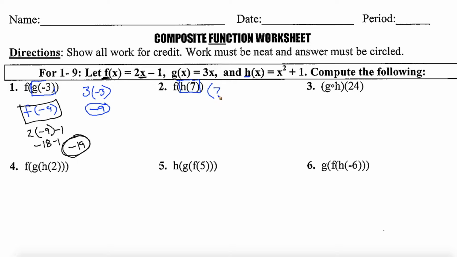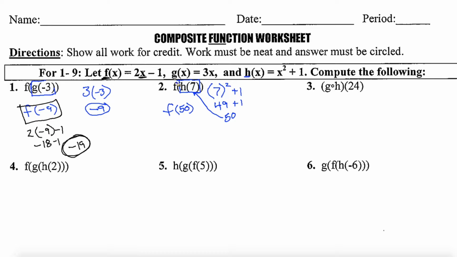So I have 7 squared plus 1. 7 squared is 49. So 49 plus 1 is 50. So now I'm going to put that where h of 7 is, because h of 7 is 50. So I have f of h of 7 is 50, and that's all the parentheses.